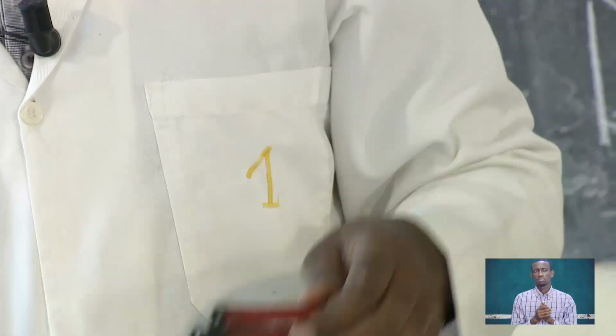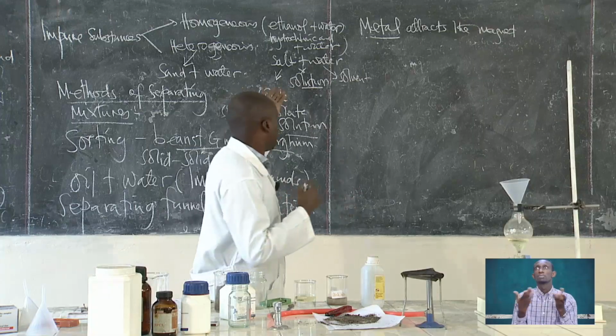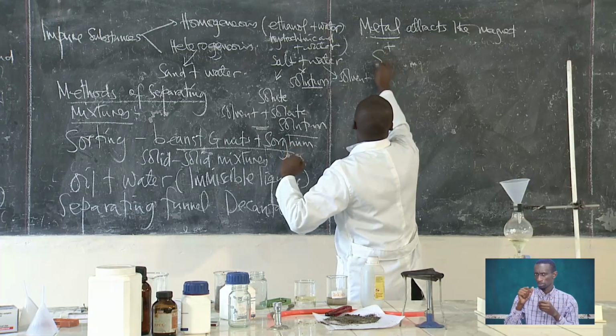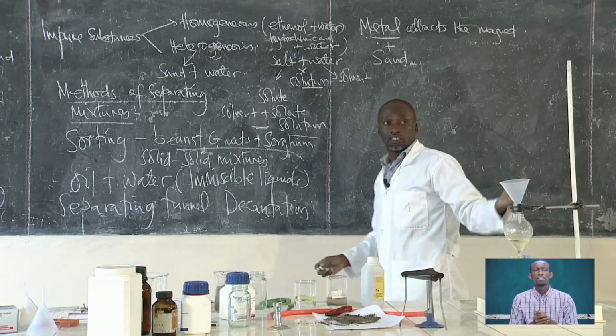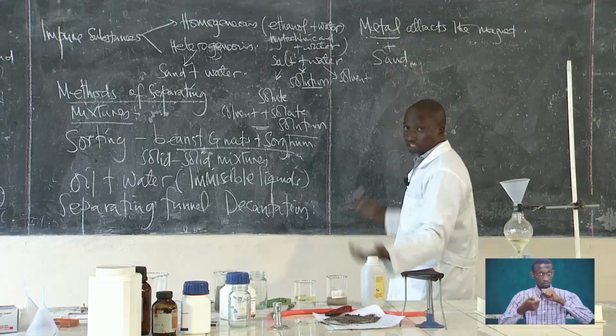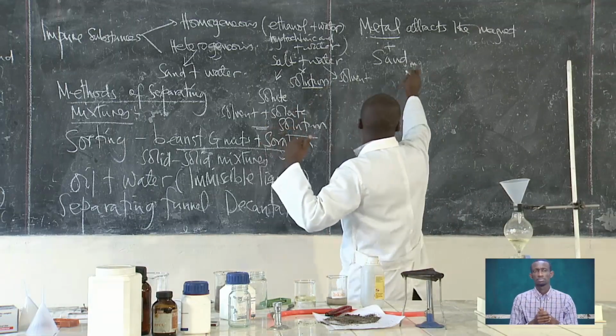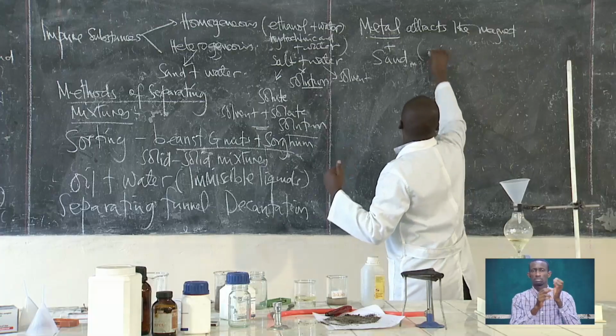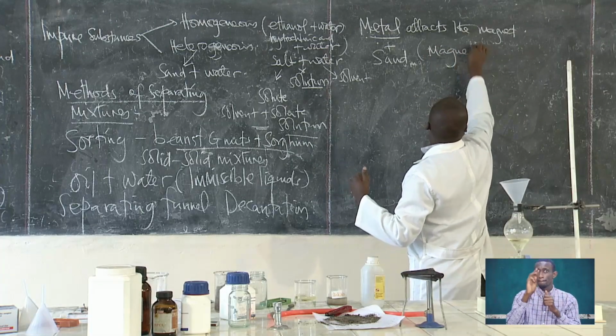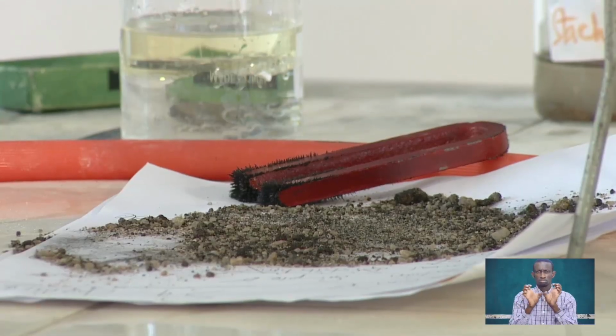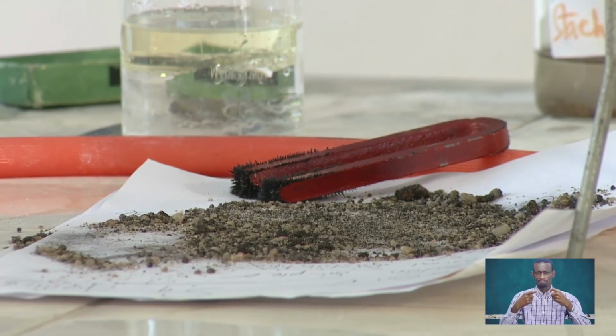So in that case, if you have the metal, I've just used the sand, let me write it. So here, this is a mixture and you want to separate it. So here we are using the property of magnetization to separate these mixtures.